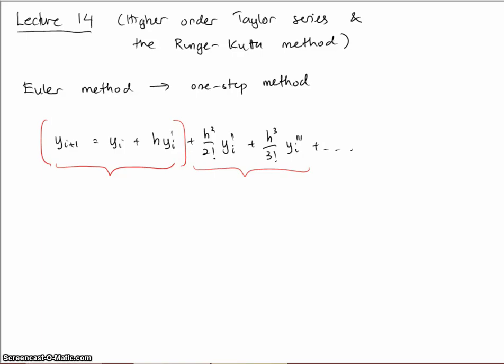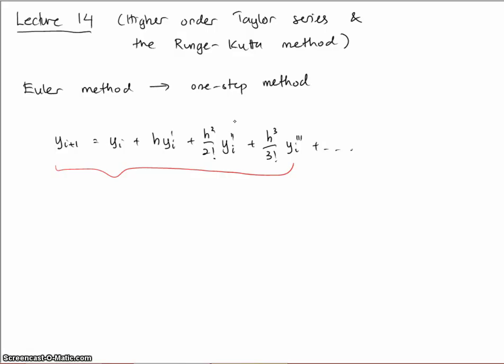Now you might wonder, why do we restrict ourselves to the first three terms? Can we increase the number of terms from our Taylor series as a way to improve the accuracy of our solution? Technically you can. Instead of using the Euler method, rather than taking the first three terms, I could take the first four or five terms, for example.